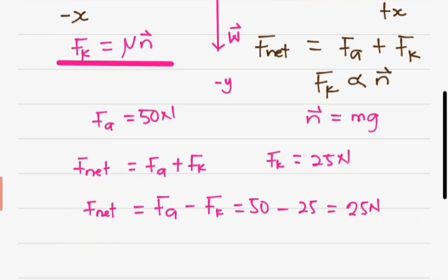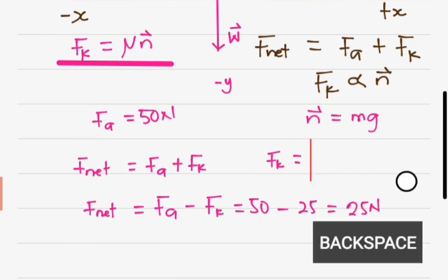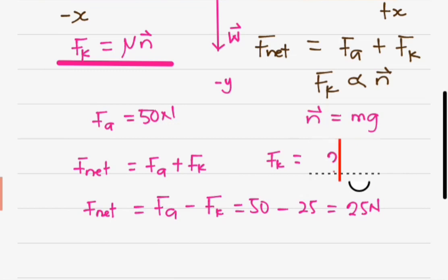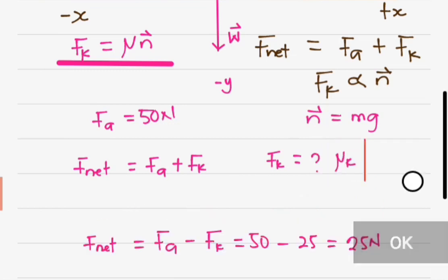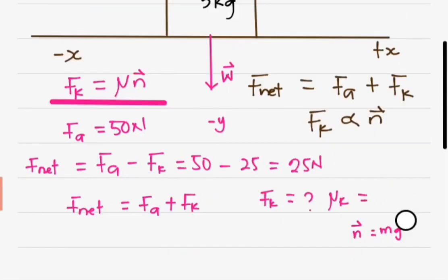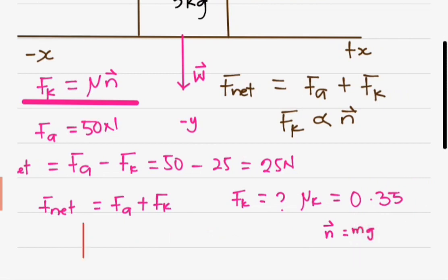What if you were not given friction? What if you weren't given Fk, but you were given mu k? You are given the coefficient of friction to equal 0.35. Now the question is that you should find your net force.